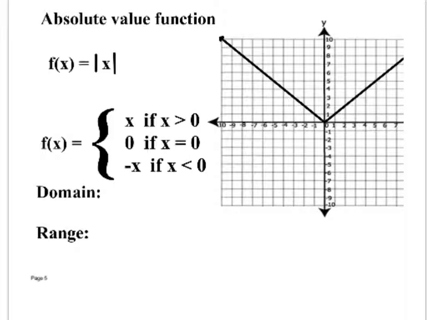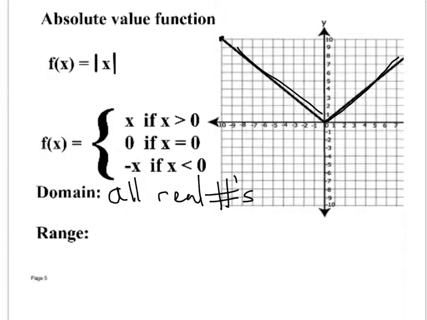So what's our domain? What's included in our x coordinates? Is it limited to anything? No, it includes all x's. It goes in this direction and this direction. So we say it's all real numbers. I'm just telling you right now, all domains are usually going to be all real numbers.